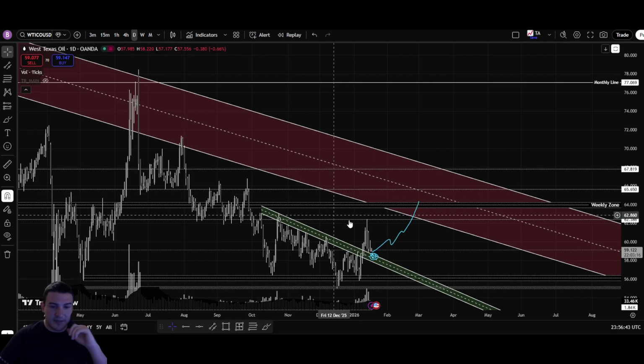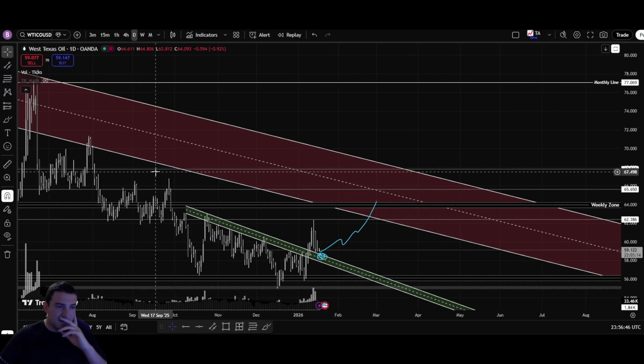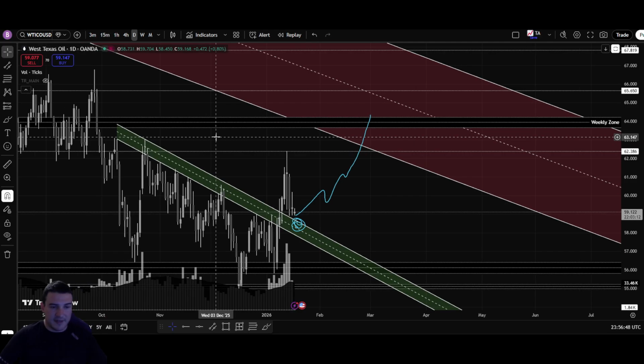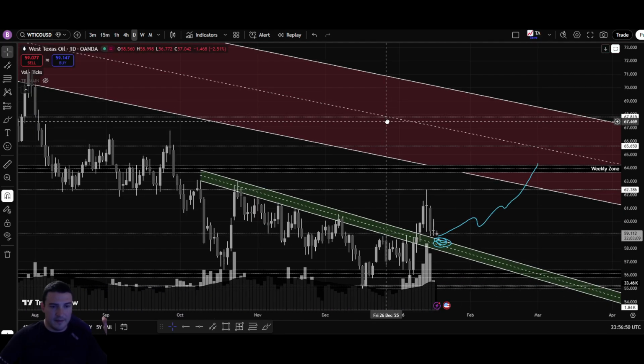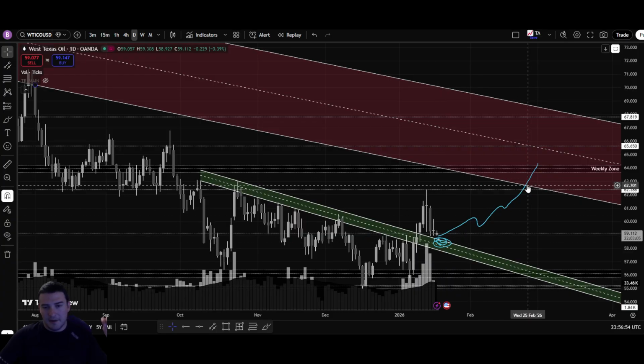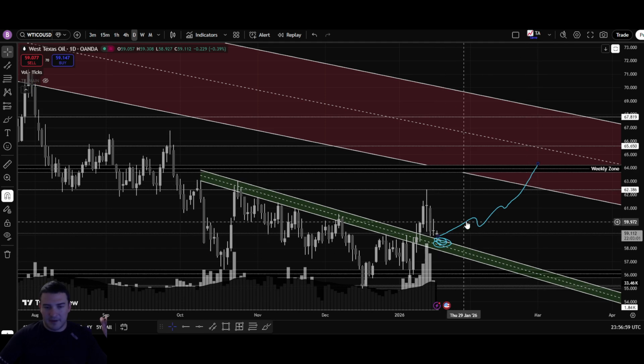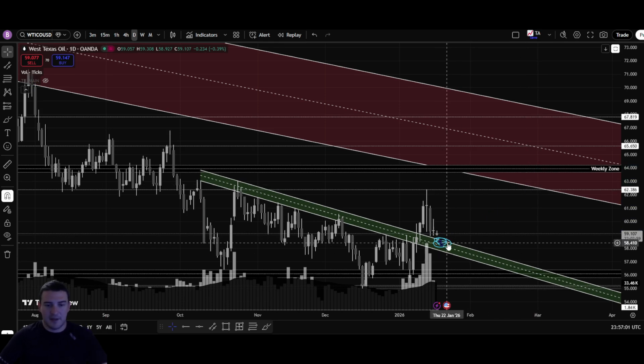And we have this weekly zone. So this is not financial advice, but as I was saying, come down, catch here. This would be a good area to get rid of something that someone bought here, if someone were to do something like that.